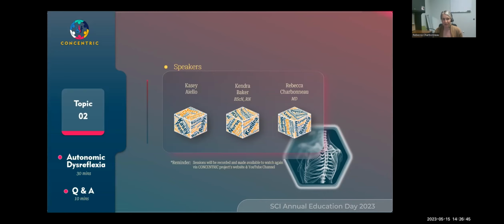There are definitely different scenarios where it might be really easy to reverse someone's AD. Say it was something as simple as accidentally sitting on a hard object, you remove that, the AD will be reversed right away, versus the other examples we gave, like say someone has a fractured bone or appendicitis, that AD is going to be much more difficult to treat.